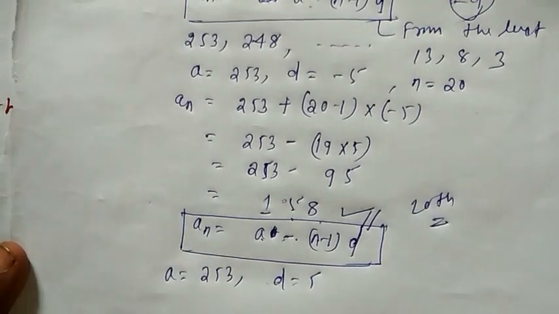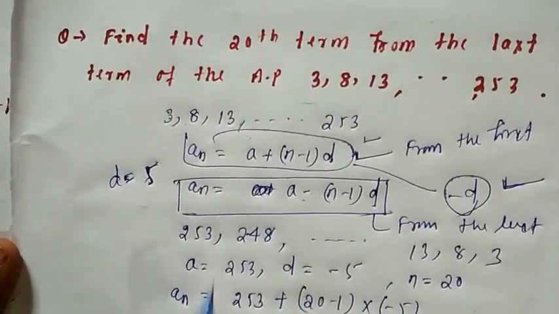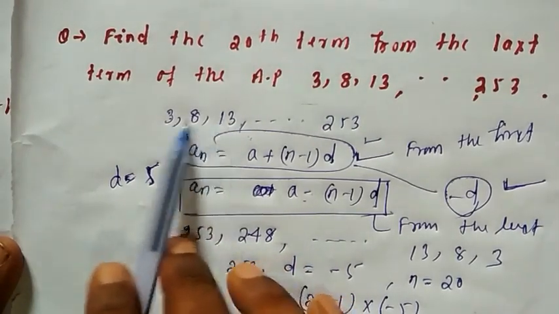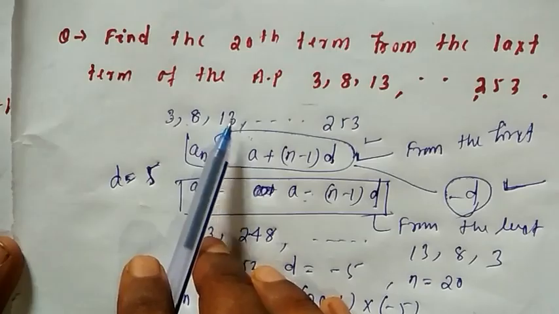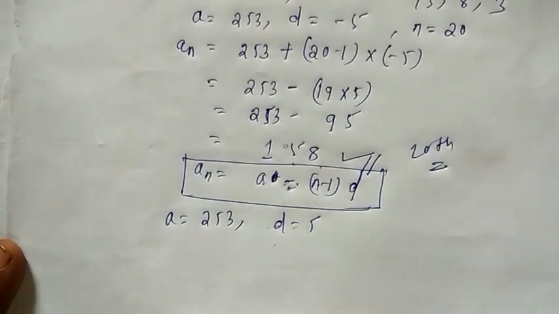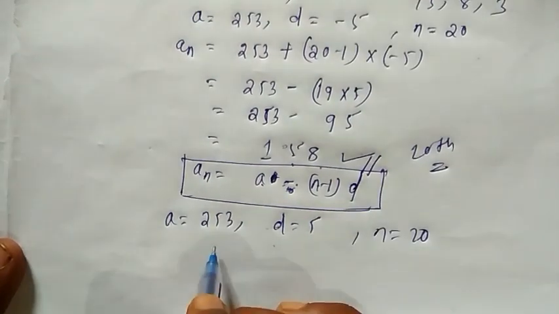Then the common difference is 5. You can calculate the common difference from this side, but in the formula you will substitute a minus sign. Same, n is equal to 20. Same thing you will get here.